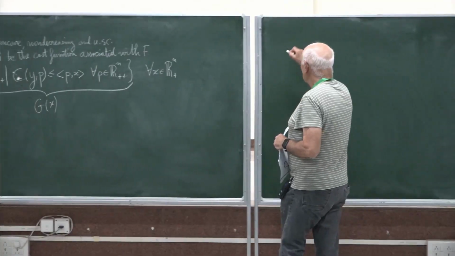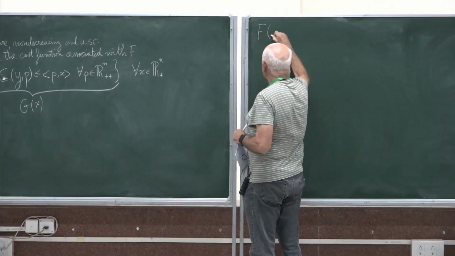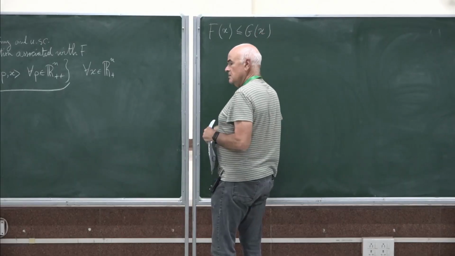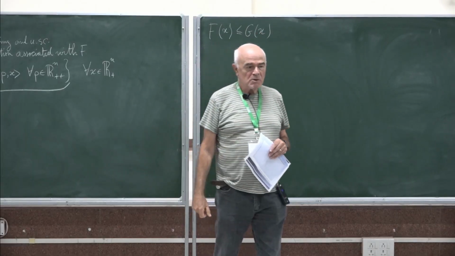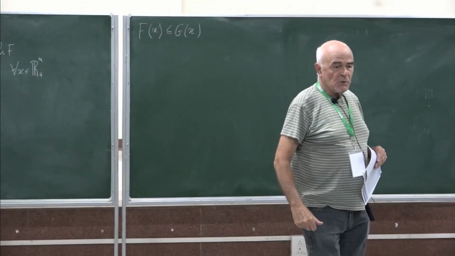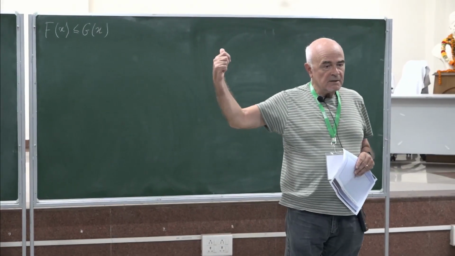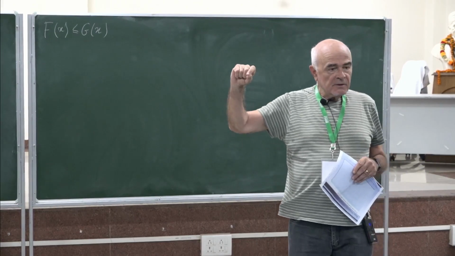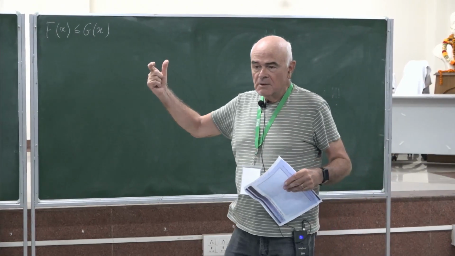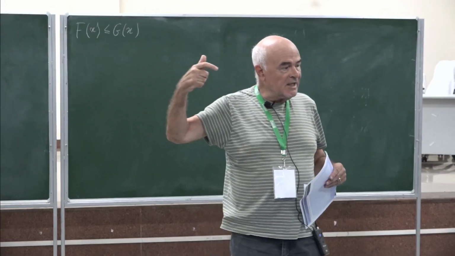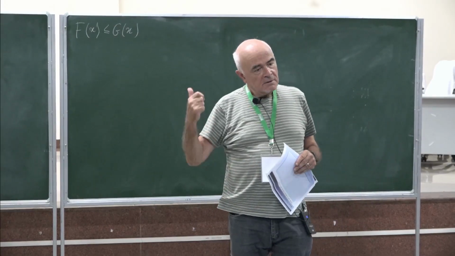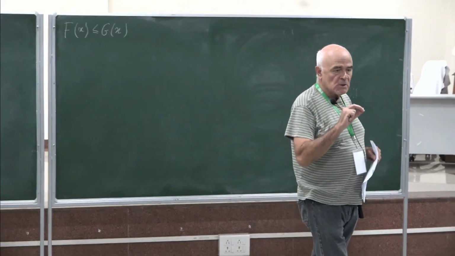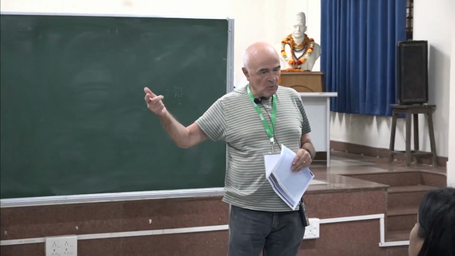And we know that f of x is less than or equal to g of x. We saw it yesterday because when I gave this formula, I was trying to recover f, and I said I cannot recover f. But the most I can say is that f is at most what today we are calling g of x. The argument is so simple that I will reproduce it now.